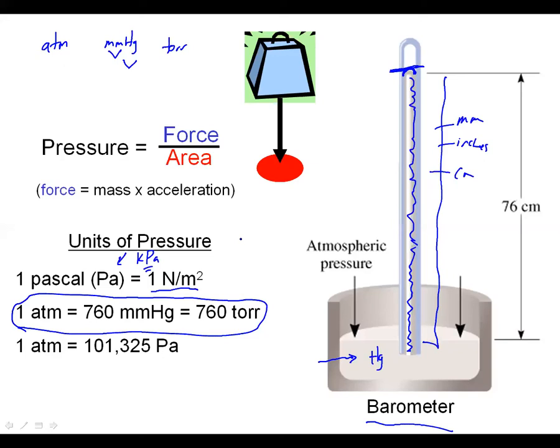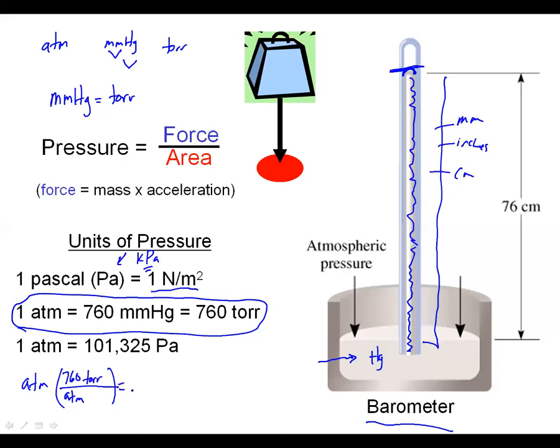His name is Torricelli, and the abbreviation for his name is another common unit of pressure. He's the guy that invented the barometer. A millimeter of mercury does equal a torr. It's a 1-to-1 relationship between them. And 760 is an important number because that is the number that allows us to convert. So if you have atmospheres and you want torr or millimeters of mercury, you're going to multiply by 760.